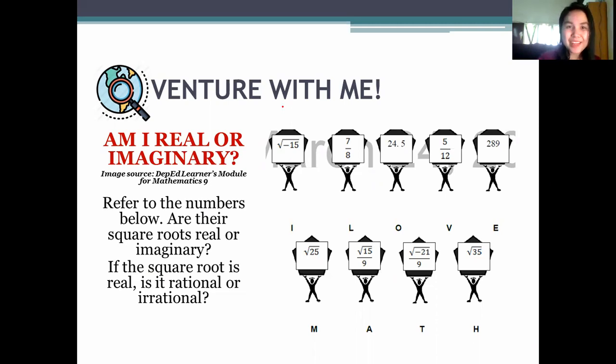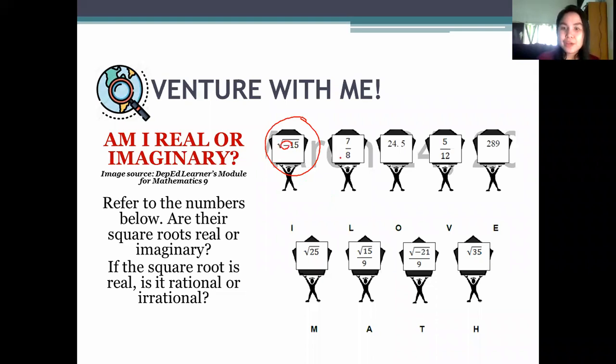In the chat box, everybody prepare your chat boxes now. Let's start. You just say imaginary or real. This is the first one. Square root of negative 15. Imaginary or real? Very good. It's imaginary because of the negative 1 inside.